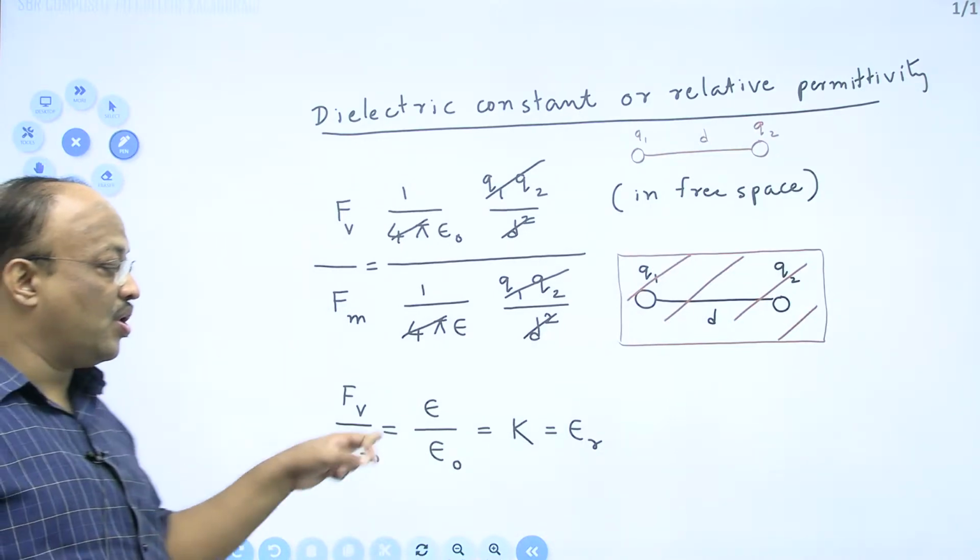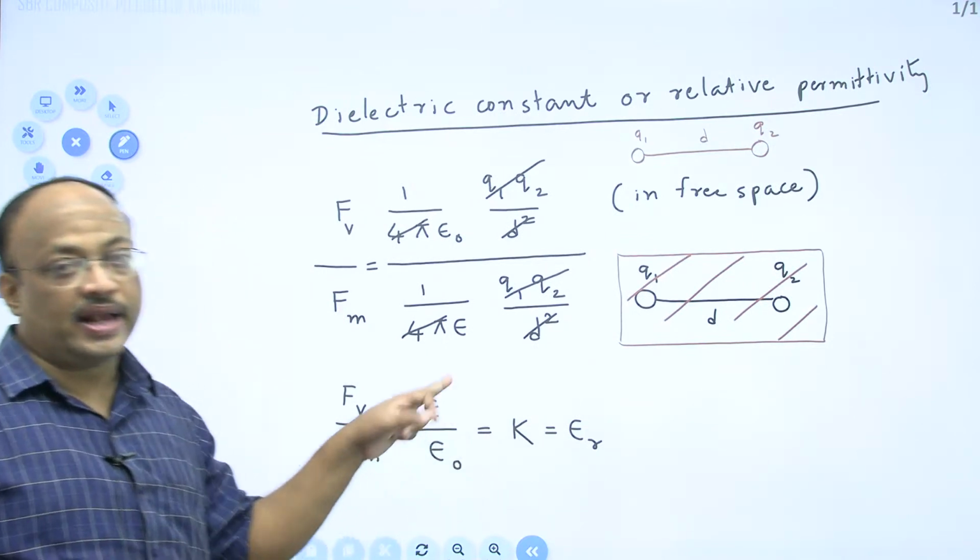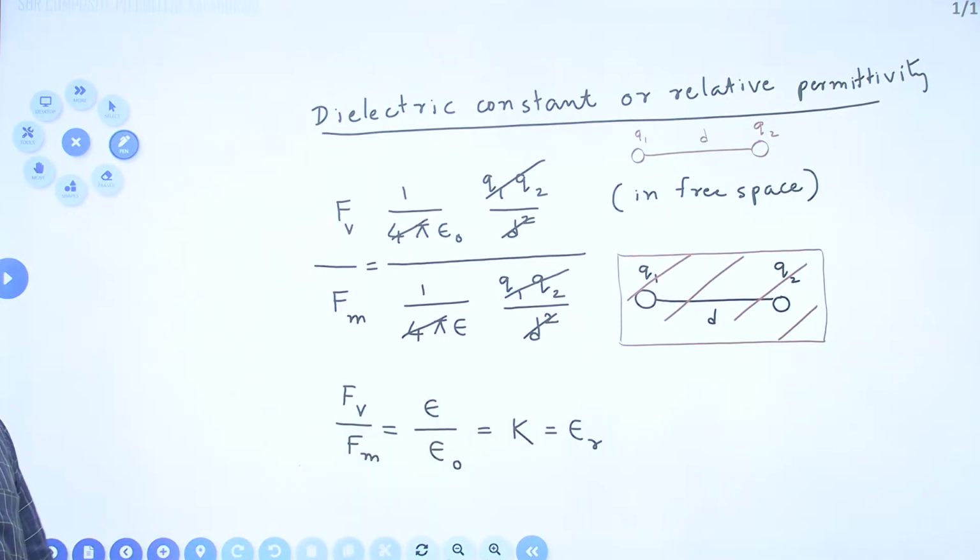So this ratio also we say as dielectric constant. In two different ways we can define it.